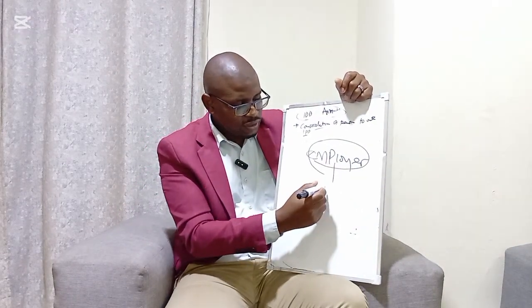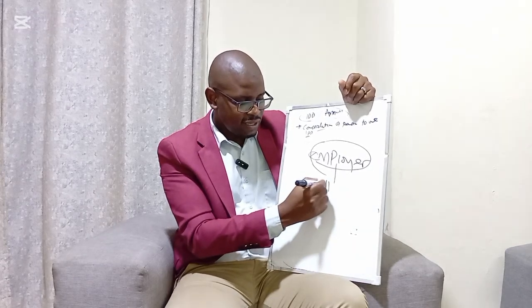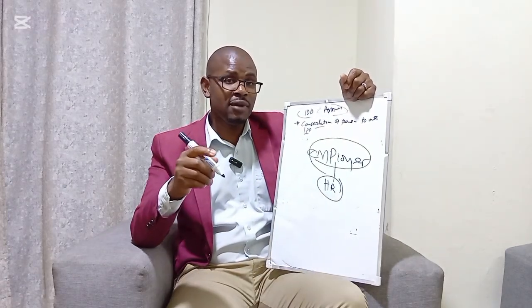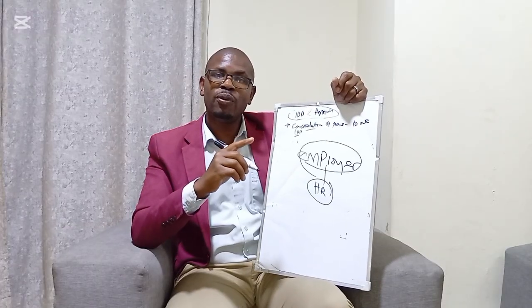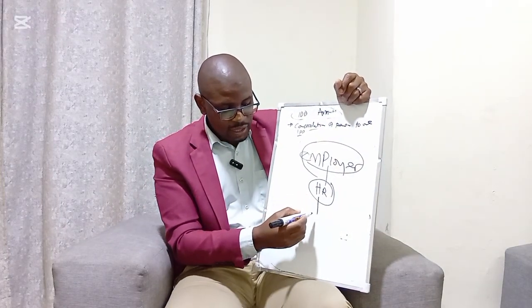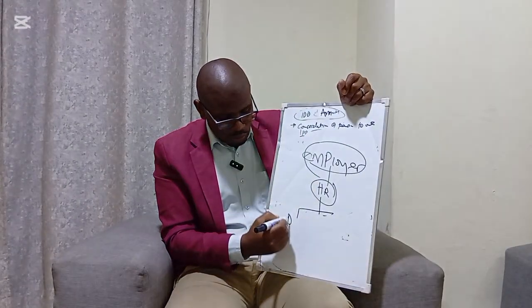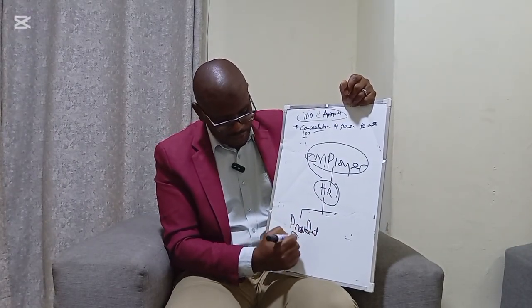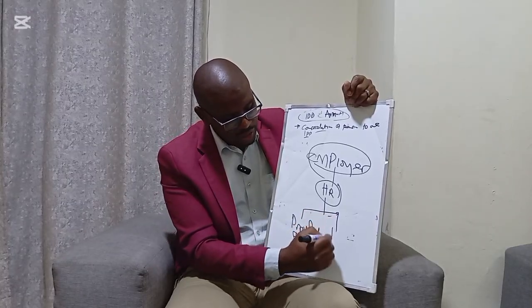At this point, the HR will have to decide what type of scheme his people would greatly benefit from. He chooses either what we call provident fund, or what we call the pension.